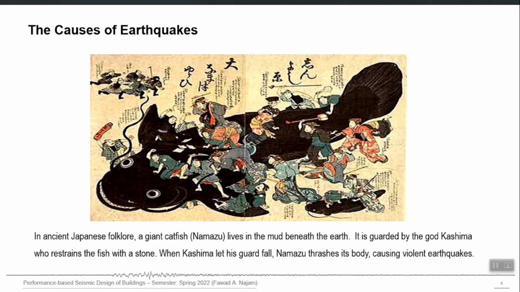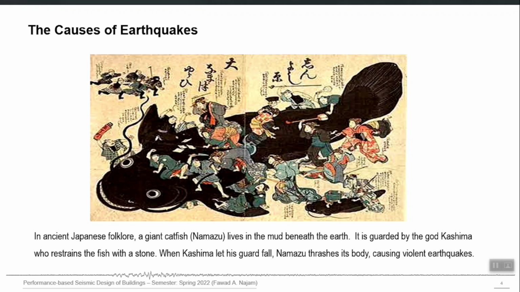So about the causes of earthquakes, obviously I'll skip several of the minor details. I assume that you will go through the detailed playlist. So several of the ancient mythologies and folklores have different opinions about what actually causes earthquakes, right?